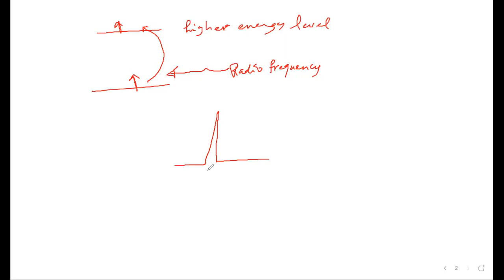So the protons would absorb the energy of this radio frequency and be transferred from the ground state to the excited state. And on doing so, they produce a peak in our NMR spectroscopy.